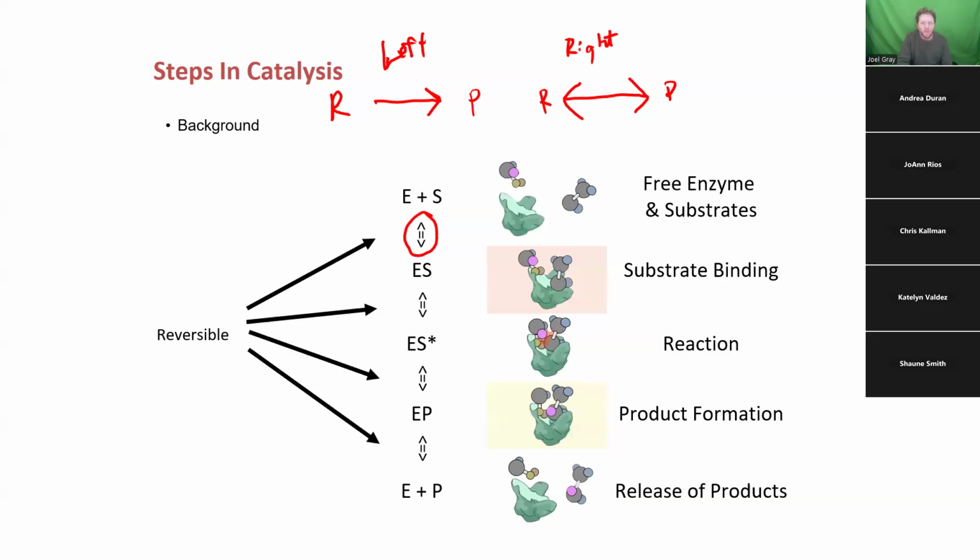So when you see an arrow like that, a forward and backward arrow, you could describe this as reversible.